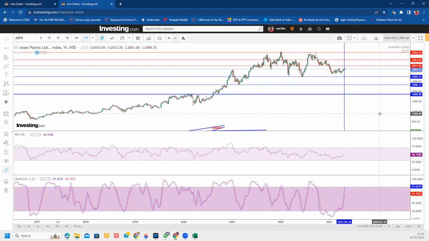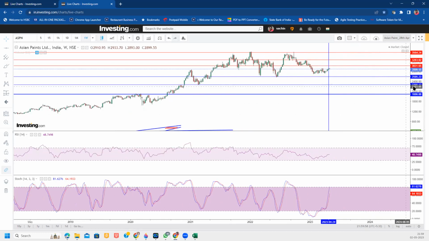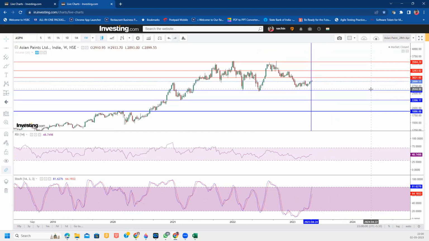Again, it will do the same movement by taking some intermediate break or slowness, whatever obstacle in the form of resistances comes on the way. But you look at this, there are times when it touched 75, but it continued to grow.